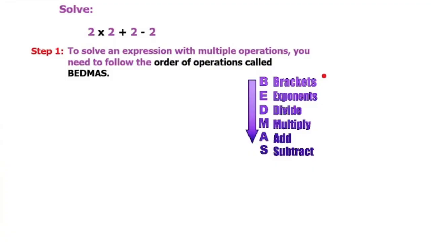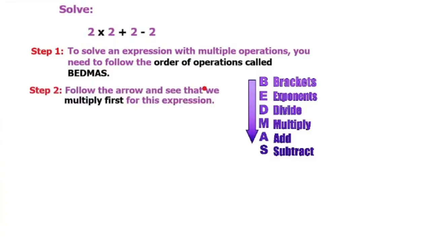Okay? So now we follow the arrow and see that we multiply first for this expression. So we have multiplication, addition, and subtraction. If we follow this arrow, we multiply first.